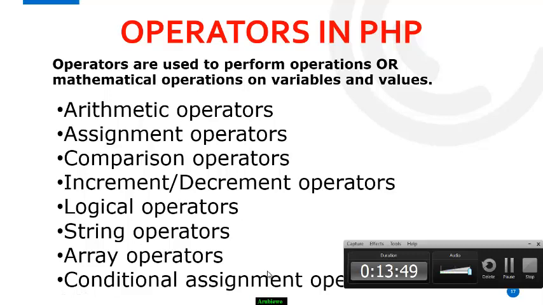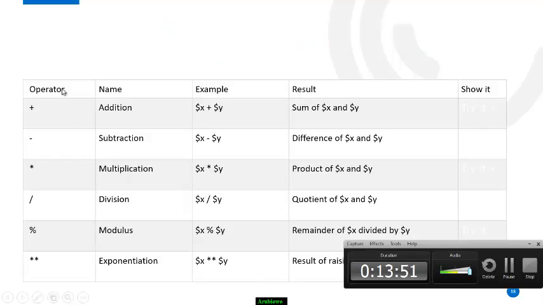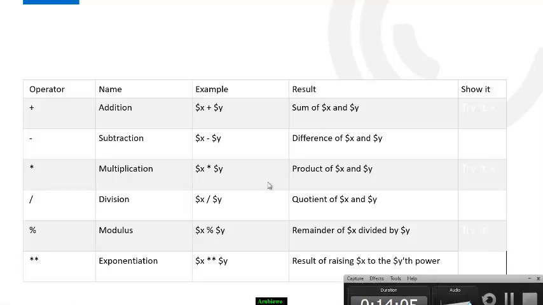Under the arithmetic operators, we have plus, minus, asterisk, division as forward slash, percentage as modulus, double asterisk as raised to power. The first operator is addition. It can be used to add two variables together, like 2 plus 2, or variable x plus variable y. You can have the summation of it.